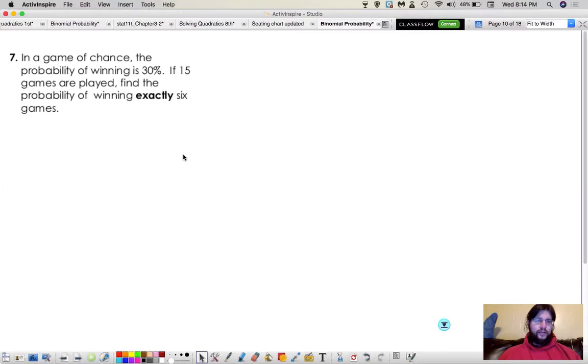A negative chance, the probability of winning is 30%. 15 games are played. What's the probability of winning exactly 6 times? That's terrible. R, plug them in. Probability is 30%, which is 0.3 if you convert that to a decimal. I don't like using percentages, so I'm going to make it a decimal.